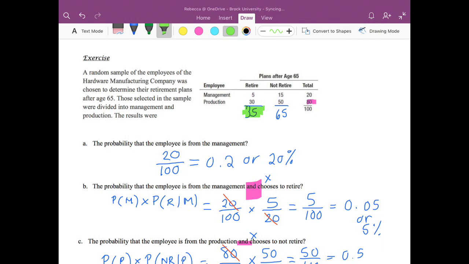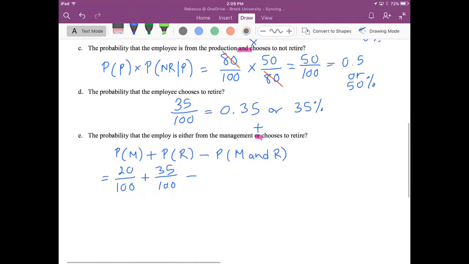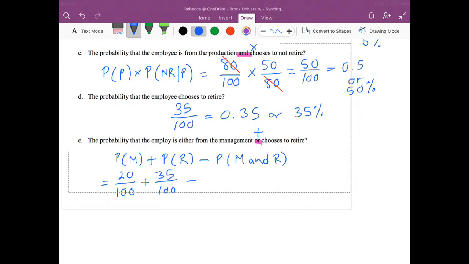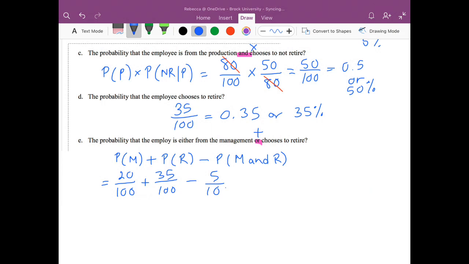I have management, choose to retire, is this 5 out of 100? Or if you look at question B, we calculated it there as 5 out of 100 are from management and choose to retire. So 20 plus 35 minus 5, all out of 100. Okay, 20 plus 35 is 55, minus our 5 is 50 out of 100, which is 0.5 or 50%.